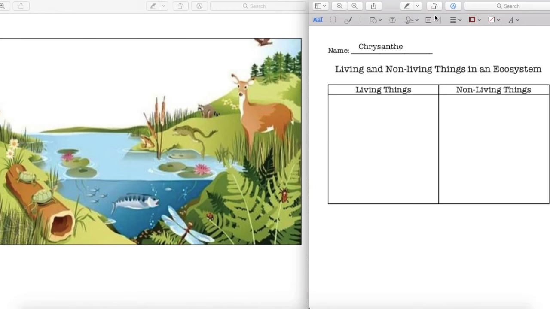So the first thing I'm going to write in my living things box is animals, because animals are some living things that we might see in an ecosystem. I also see lots of different plants. Notice how many different plants are in this picture. I see some lily pads in the water.